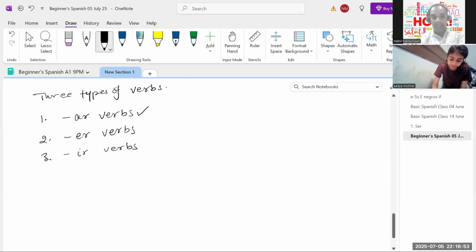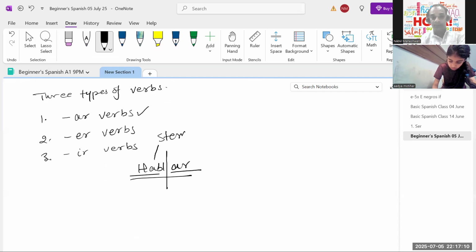The verb hablar ends in AR. So we break the verb in two parts. We separate the ending and the first part. This first part is called the stem of the verb, and this is called the ending of the verb.